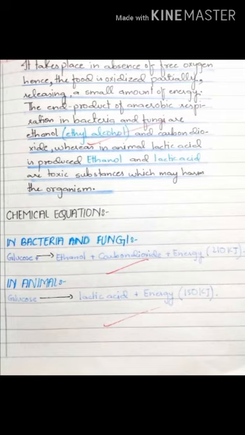The chemical equation in bacteria and fungi: glucose changes into ethanol and carbon dioxide plus energy, which is equal to 210 kilojoules. In animals, glucose changes into lactic acid and energy, which is equal to 150 kilojoules.